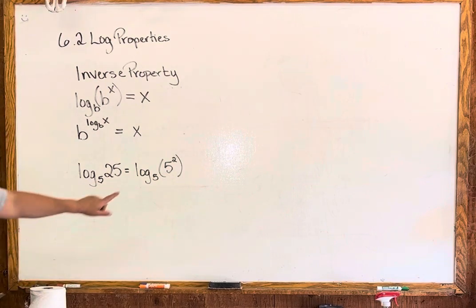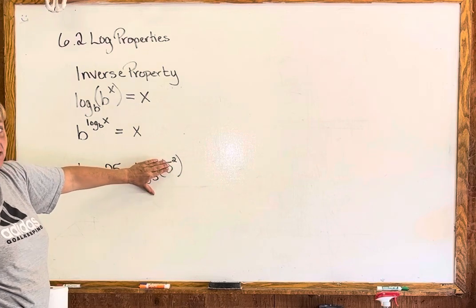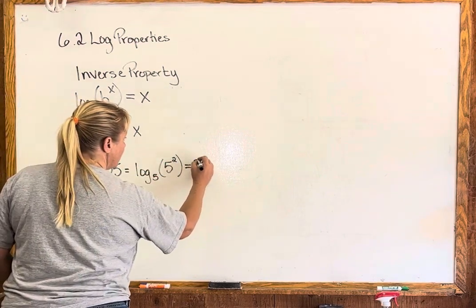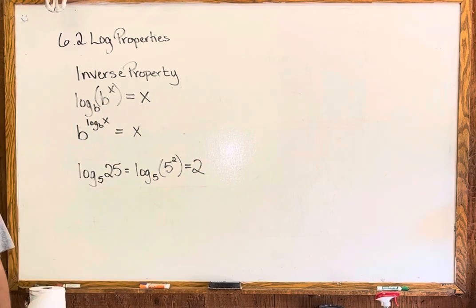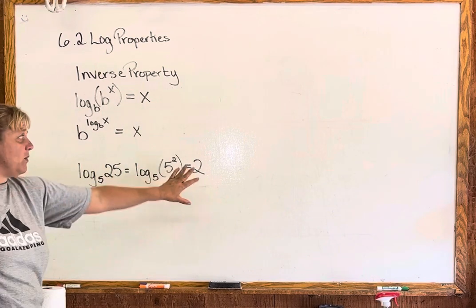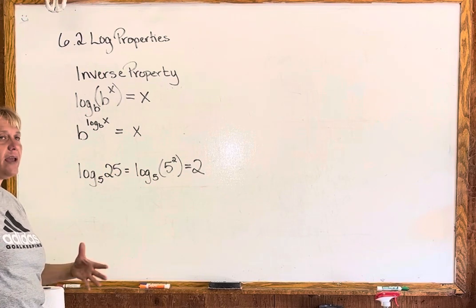Okay. So if you've got 5 here and a 5 there, those are going to cancel out, and the only thing that's going to be left is the exponent. So this is just a really ugly way to write 2. Okay. But log base 5 of 25, who wants to see that when we could just write 2? Okay? So if you can simplify that, your life will be that much better.